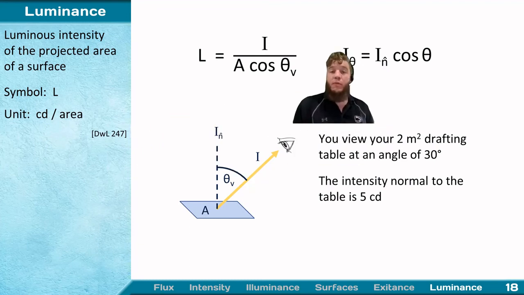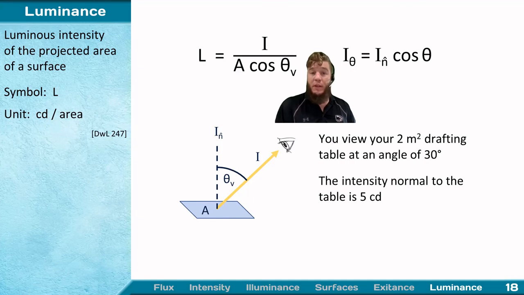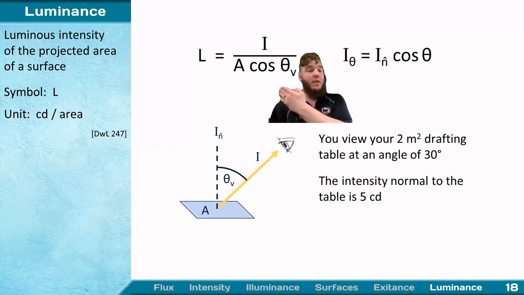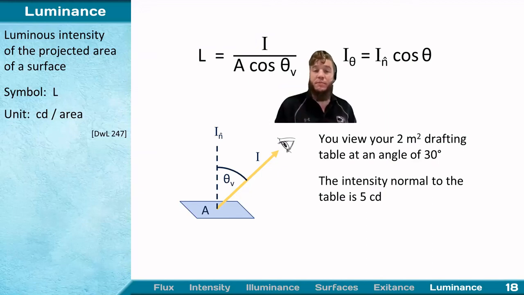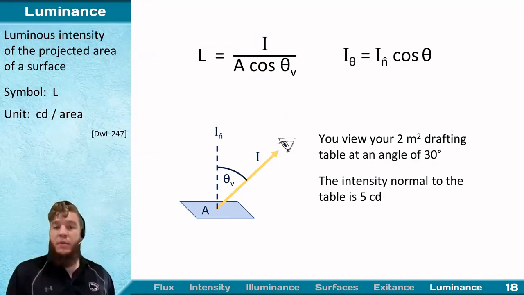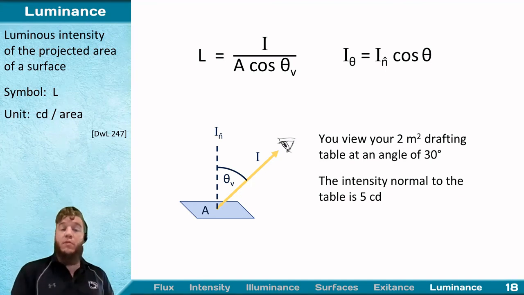We're going to need both of the equations to calculate the luminance along the given vector here. The first equation is how we relate the intensity at the normal vector to the intensity at a particular angle. And then the second equation gives us the luminance if we know the correct intensity. So this does evaluate to 2.5 candelas per meter squared.